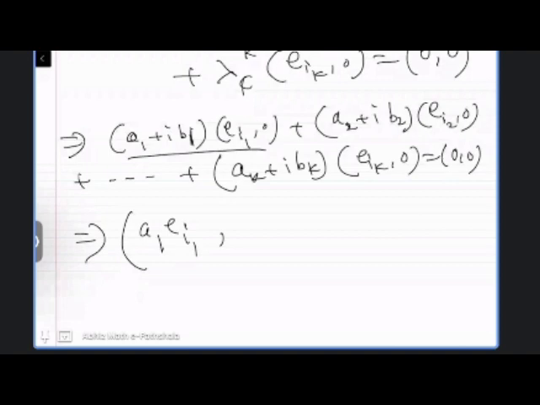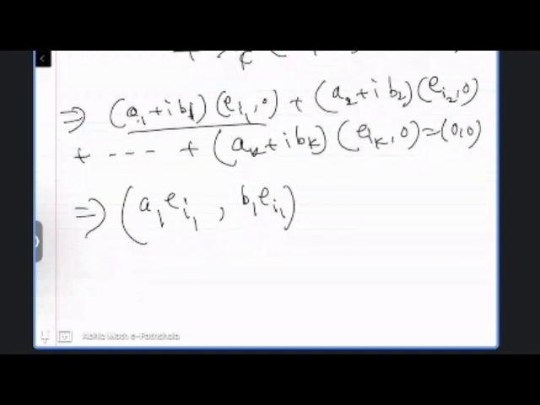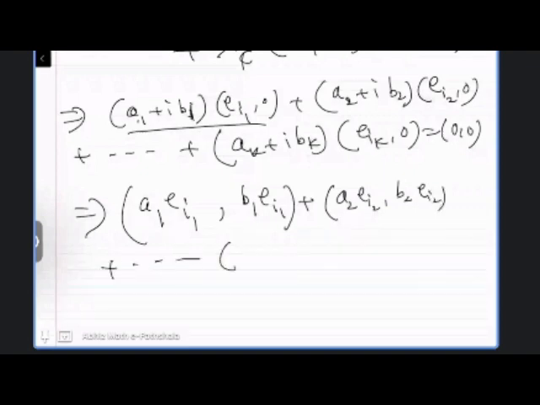So it is (a1 e_i1, b1 e_i1). Okay? So you can easily compute the next scalar multiplications. So it is (a2 e_i2, b2 e_i2), and the last one is (ak e_ik, bk e_ik).